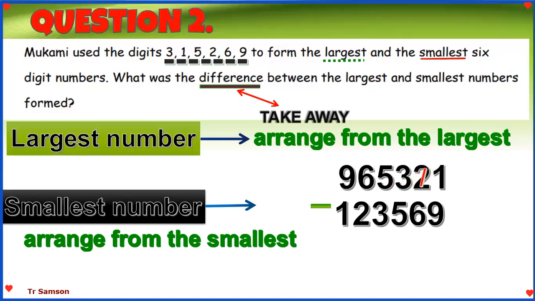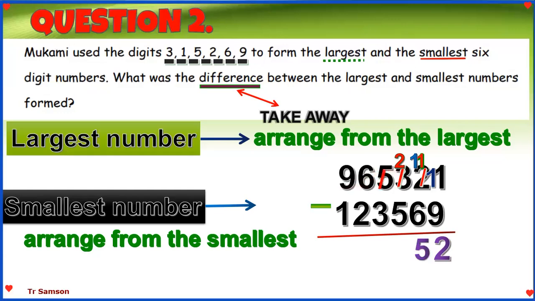When you borrow a whole 10 here, it remains 1, and then we add it here, it becomes 11. 11 minus 9 becomes 2. Then we continue. 1 minus 6 is impossible, so we borrow a whole 100 from the 3. The remaining is 2. Then we add that here, it becomes 11. 11 minus 6 is 5.